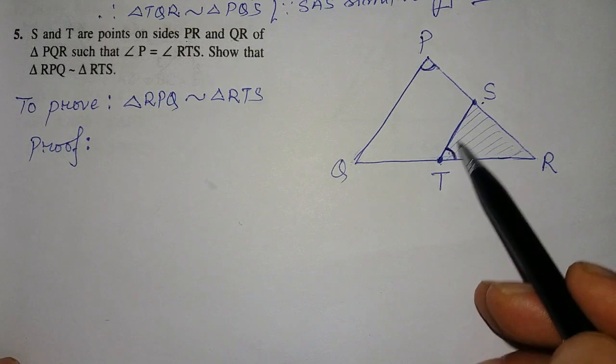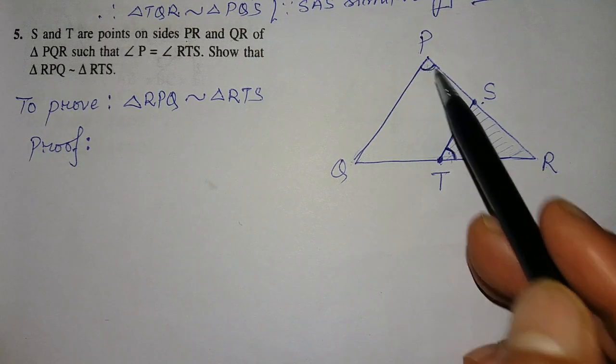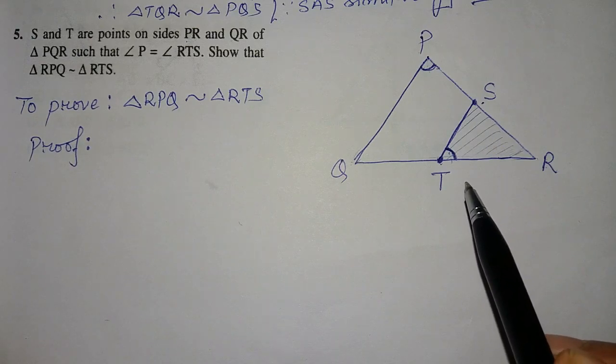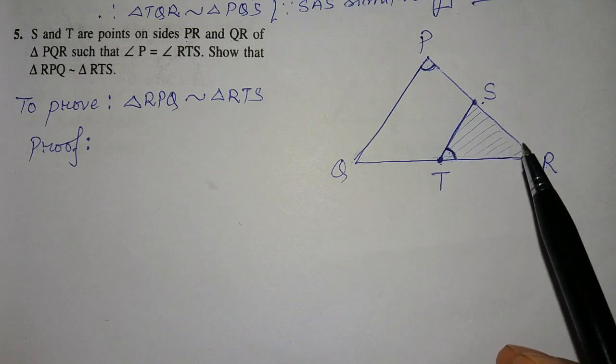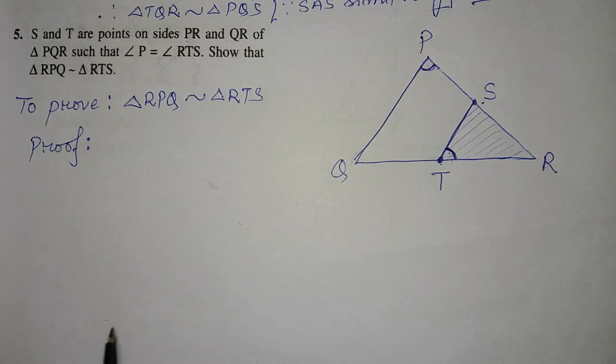These two angles are equal, so one angle each is equal as of now. If we can find one more pair of equal angles, then we can say by AA similarity that the two triangles are similar.